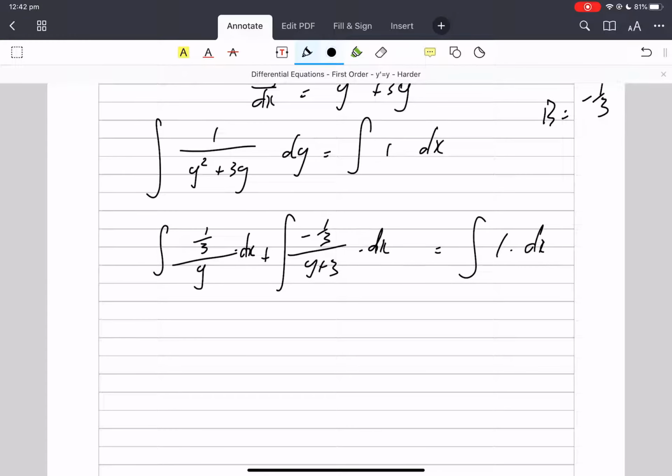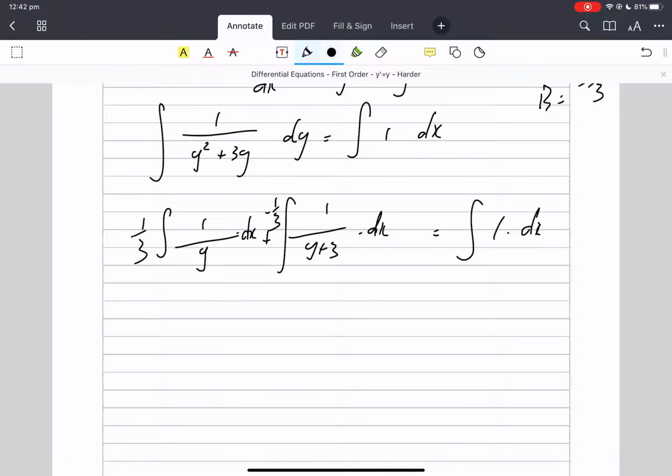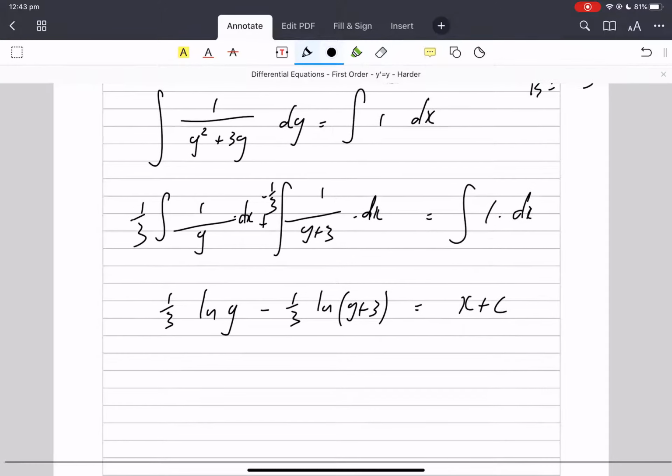Clearly, we're also going to get that third out the front and leave that as a 1, and we're going to get that negative a third. Wow, could I be messier? Okay. So that's going to be a third log y minus a third equals x plus c. This is going to be a long one, sorry peeps.